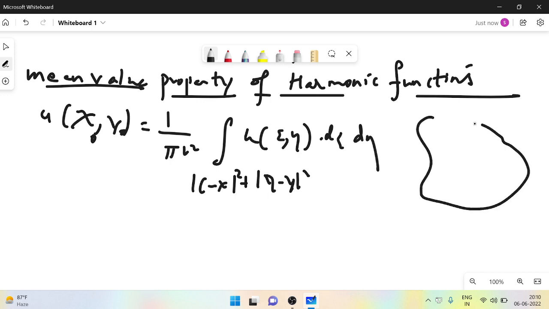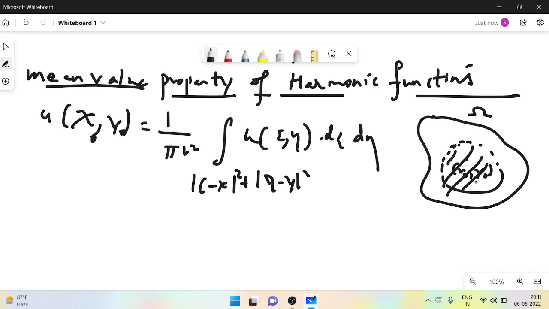You have a set omega, and then you have a point x naught comma y naught, and you take a uniform ball around it, and you integrate the harmonic function over it.